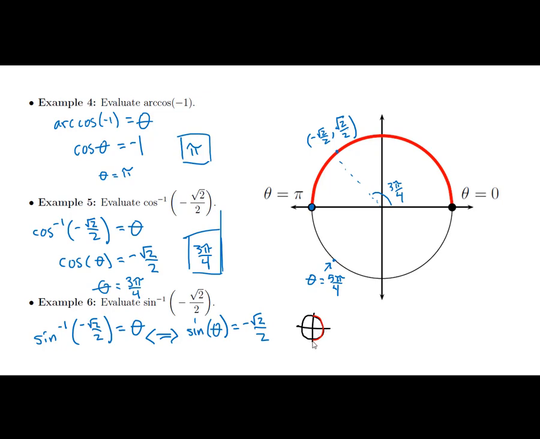So this is the picture I need to go back to. So the sine, where does it equal -√2/2? Right here. So we've got an angle of -pi/4 when I'm looking at the sine inverse of negative root 2 over 2.